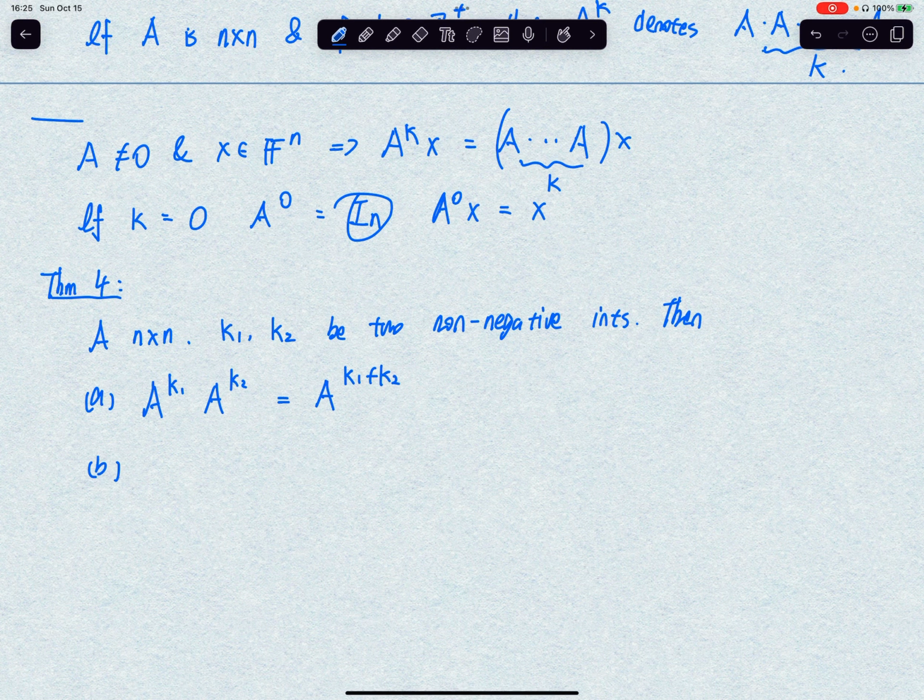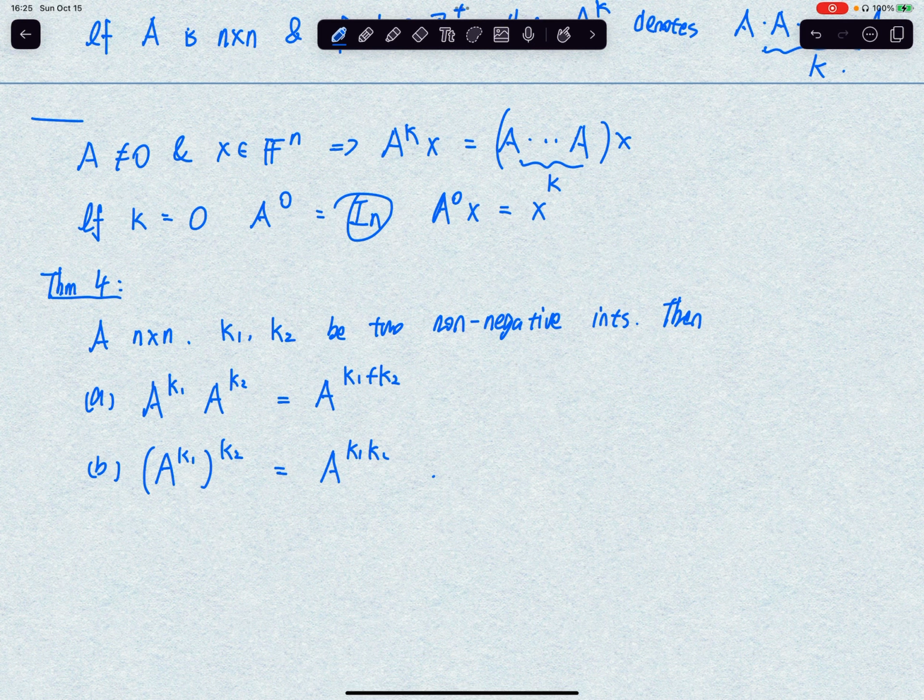And secondly, we have (A^k1)^k2 equals A^(k1 times k2). So yes, most of the results in the basic algebra course carry over to matrices. Only in some places we have modifications.